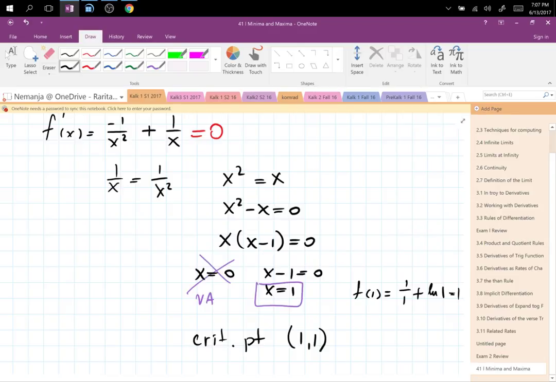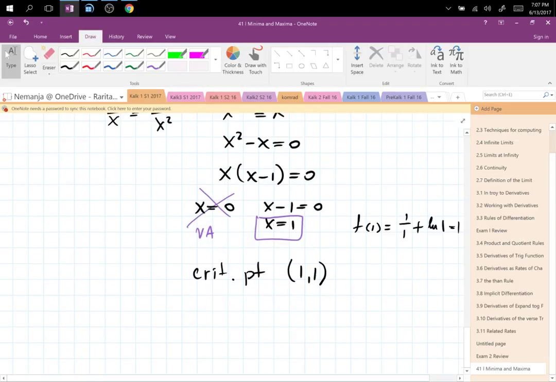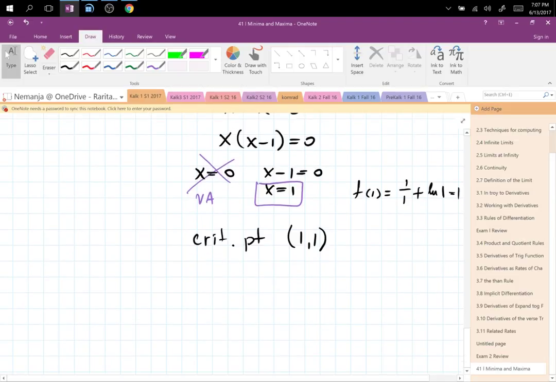If they're smaller than 1, it's a maximum. So these are the situations that you can encounter at (1, 1). You can have a frown, you can have a smiley, and you can have whatever this is. What would that be?